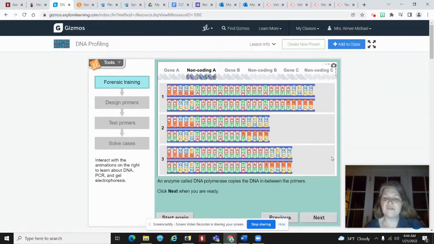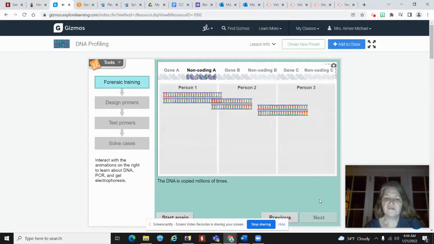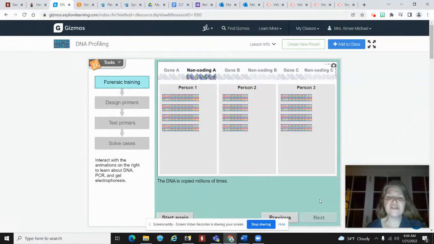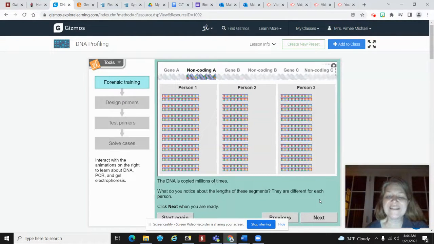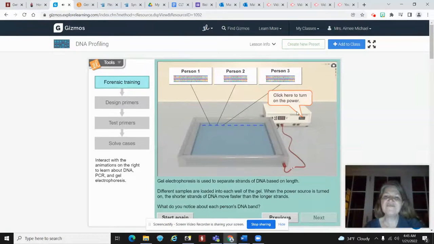Those are enzymes that are making copies. So the DNA is copied a million times. And again, we can look at each person and see that they have different lengths in the non-coding region.